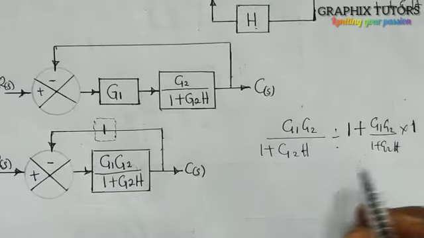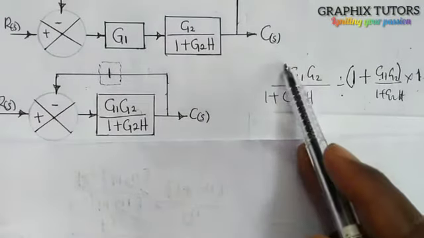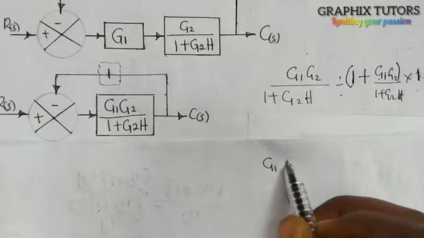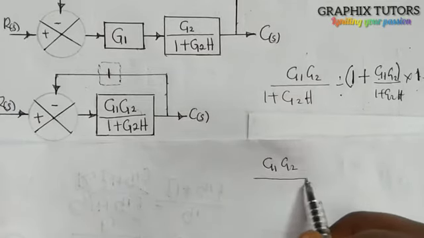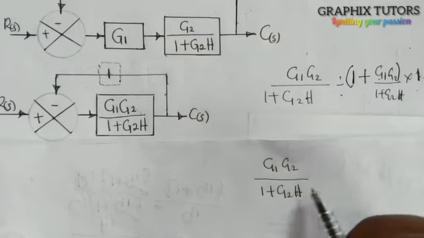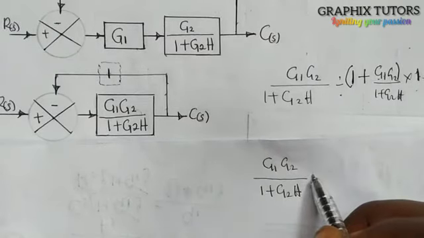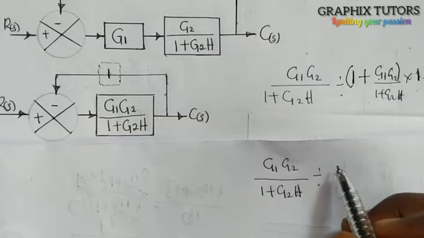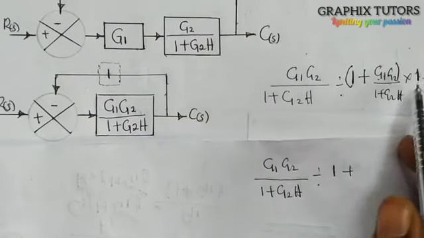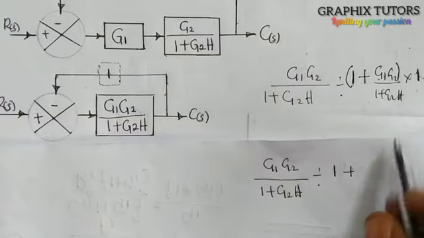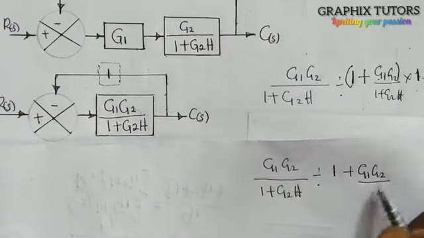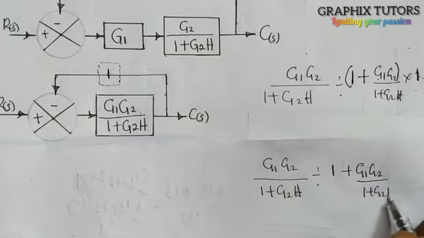So if I write this back again, that will be G1 G2 all over 1 plus G2H, still divided by, now if you look at this, 1 plus 1 times G1 G2 gives me G1 G2 over 1 plus G2H.